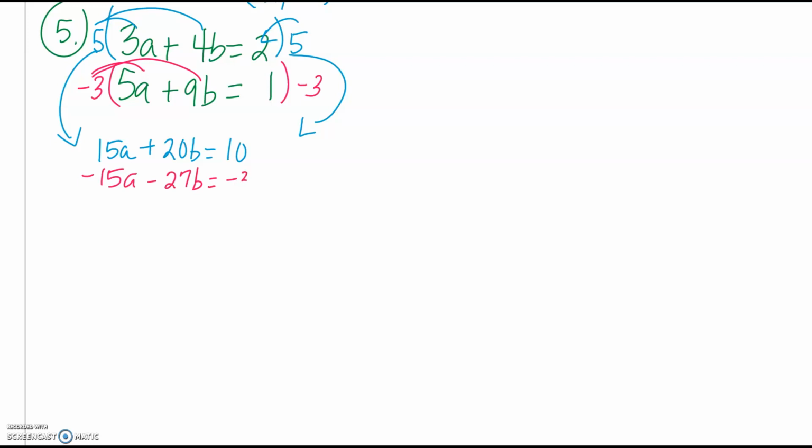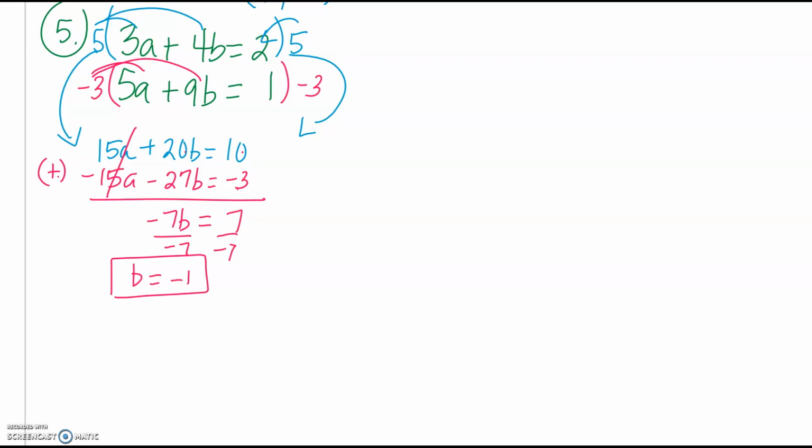And negative 3 times 1 is negative 3. Okay, I'm going to add these now because I have opposite signs for a and the same coefficient. Those eliminate. 20 plus negative 27 is negative 7b. 10 plus negative 3 is 7. When I divide by negative 7, I get that b equals negative 1.